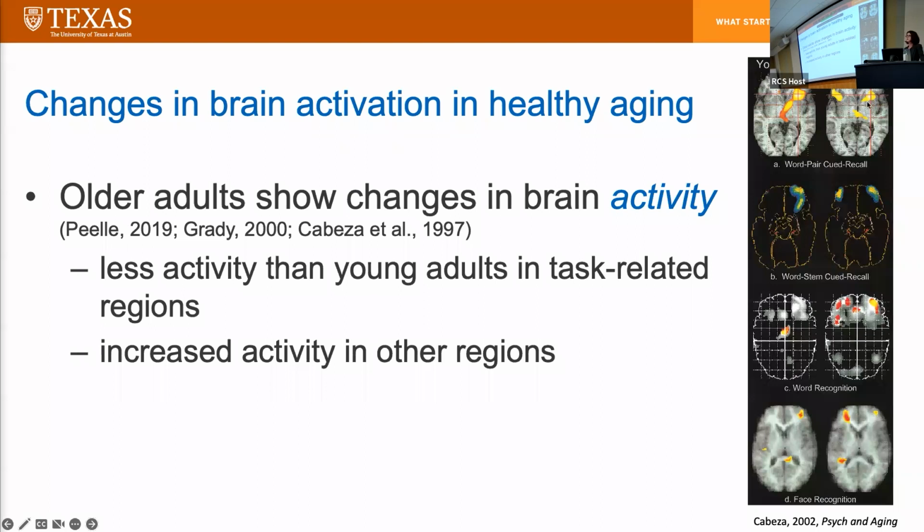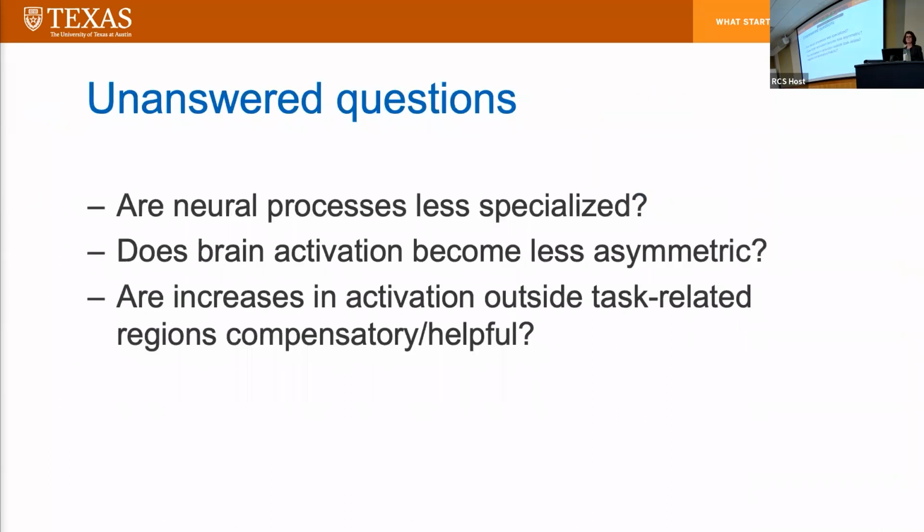So it seems that there may be a reduction in activity in areas dedicated to a specific task, like remembering words or faces, but then an increase in activity in other parts of the brain that may be adaptive or compensatory in some way. That's actually an unanswered question. We don't entirely know how to interpret these changes in brain activation.